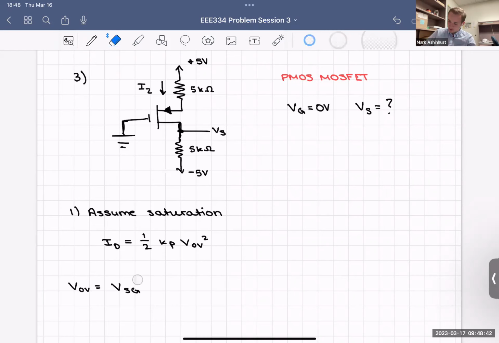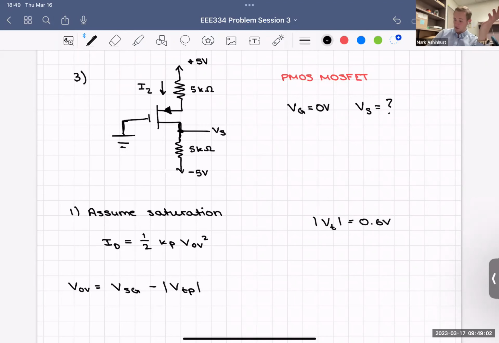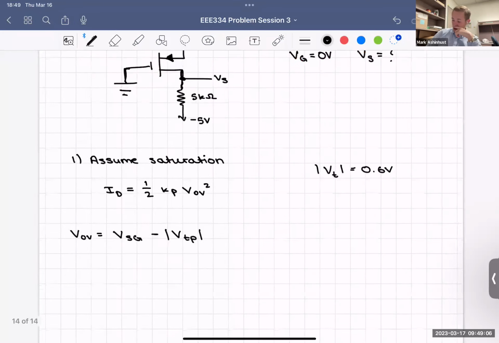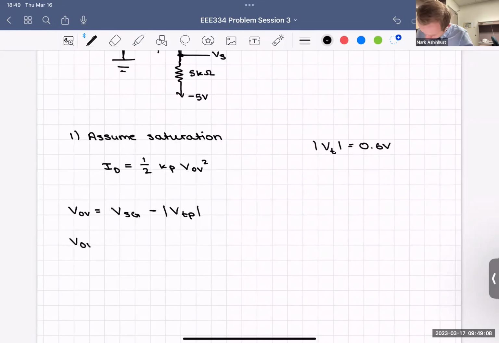We'll do source to gate minus the absolute value of VTP. VTP is given to us, that's still 0.6 volts. It's not going to change. We don't know the voltage at the source. We do know the voltage at the gate, right? What's the voltage at the gate? 0 volts. It's tied to ground. So VOV is the voltage at the source minus 0.6 volts.